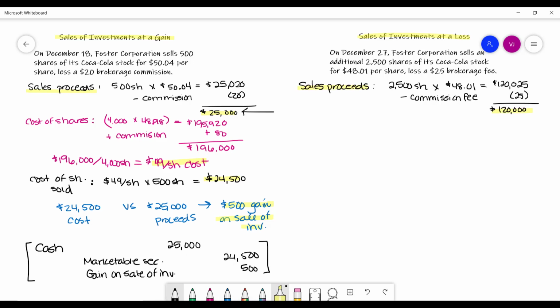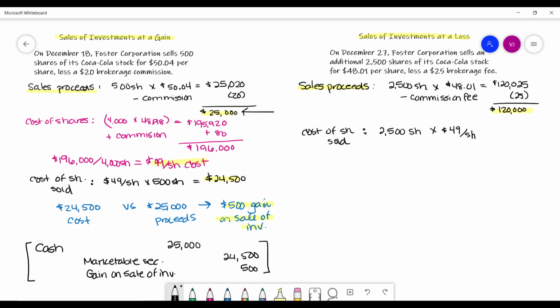And we want to compare that to the cost of the shares sold. We already figured out what the total cost per share ended up being from that initial purchase. So that's $49 per share. So these 2,500 shares that we just sold, to acquire them, we paid initially $49 per share.